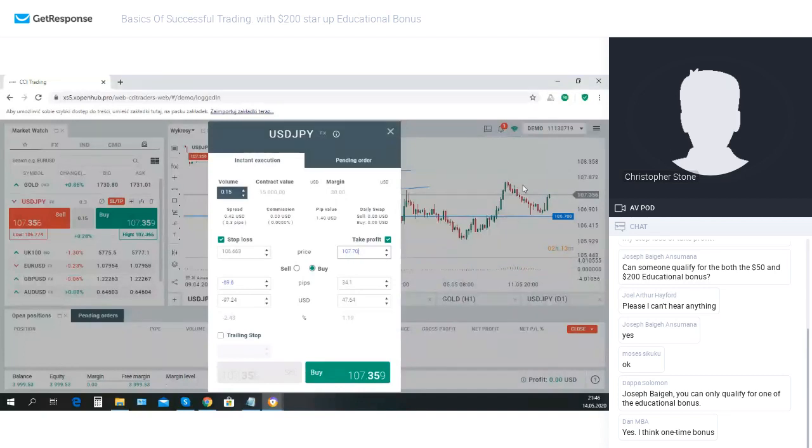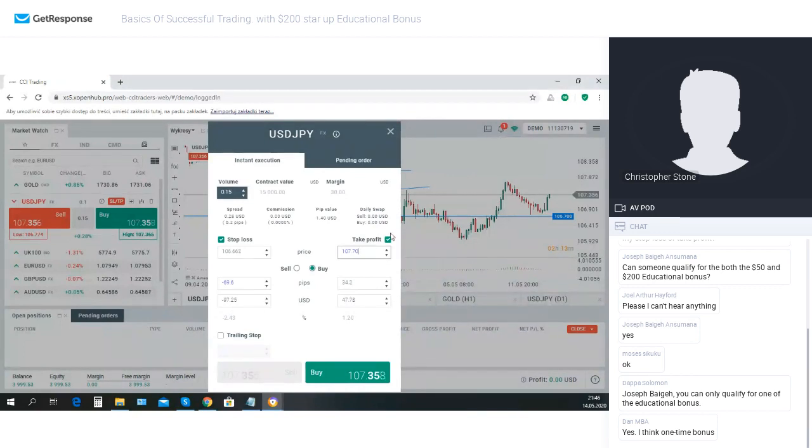So I'm using this analysis, also called technical analysis. I'm sure you have heard about it. Okay, so this is how to set stop loss and take profit.